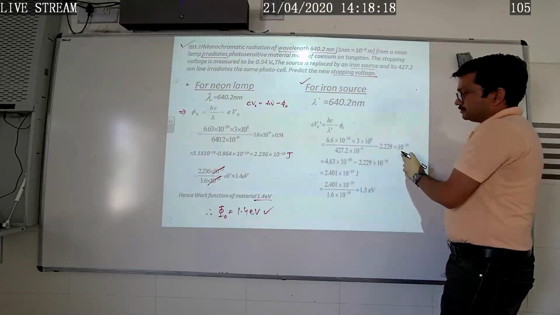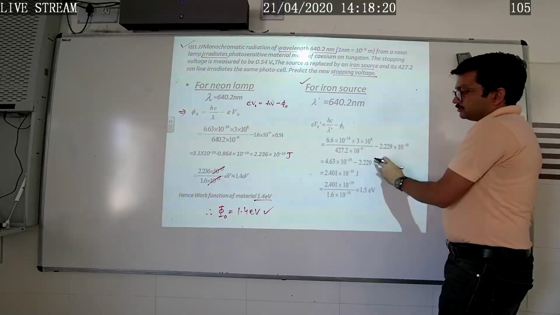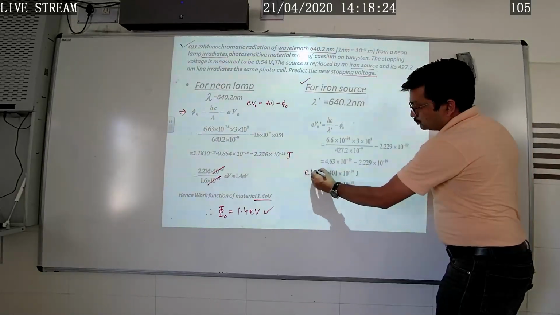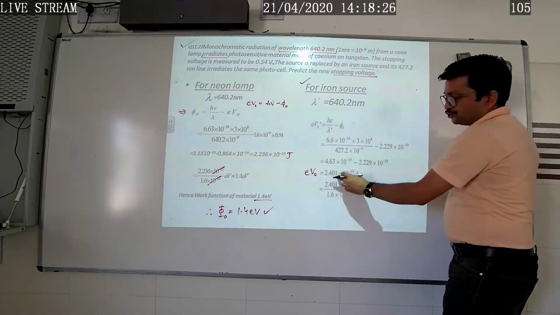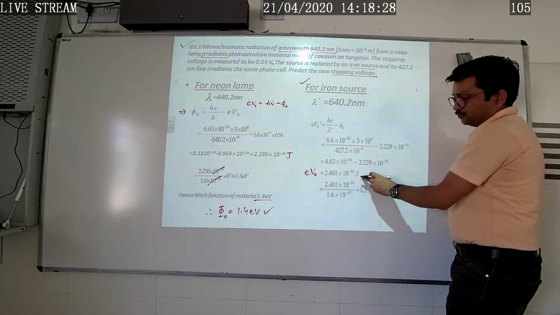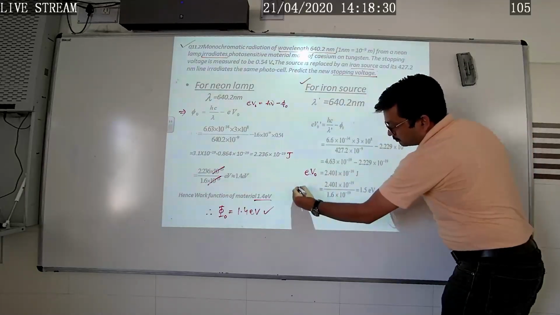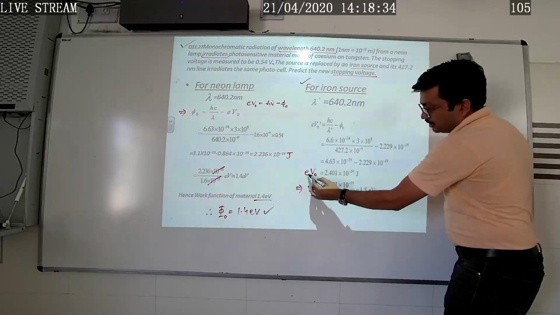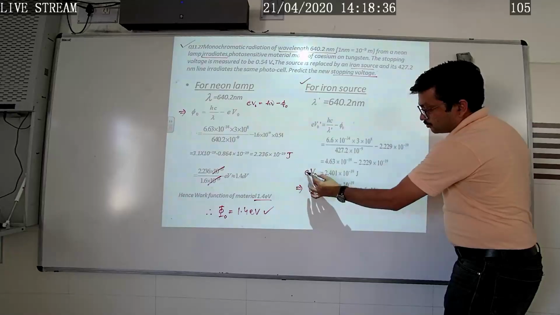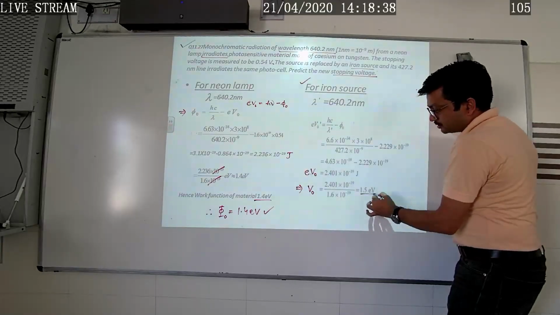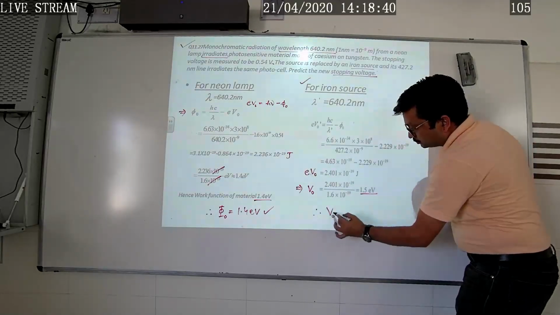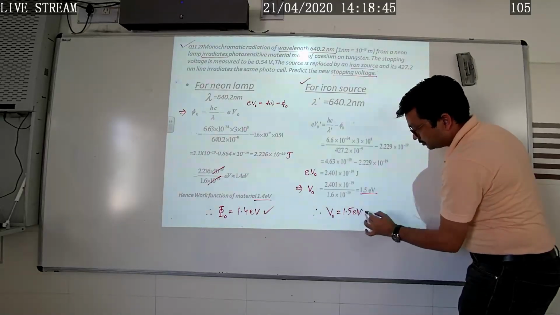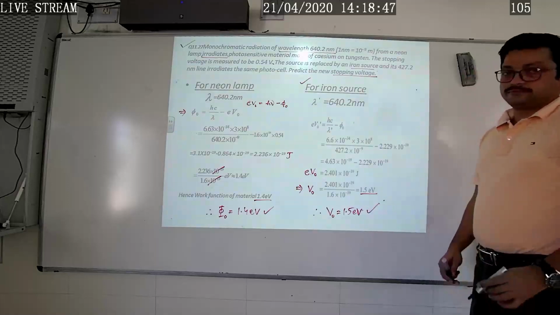Substituting the values, we get eV naught equals 2.401 into 10 to the minus 19 joule. But we want to calculate V naught, so dividing by the charge on the electron on the right side, we get V naught equals 1.5 electron volt. So this will be the required answer.